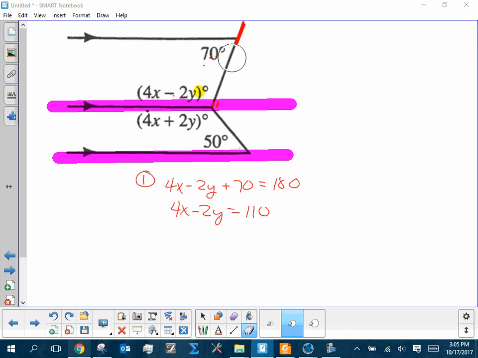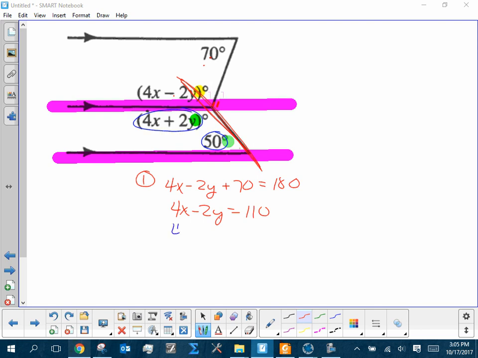So we're at that set of parallel lines and that transversal. And again, what do you notice then about that angle there and that angle there? Same side interior again, so they're supplementary. So we should have 4x plus 2y. If that's 50, what should that one equal?